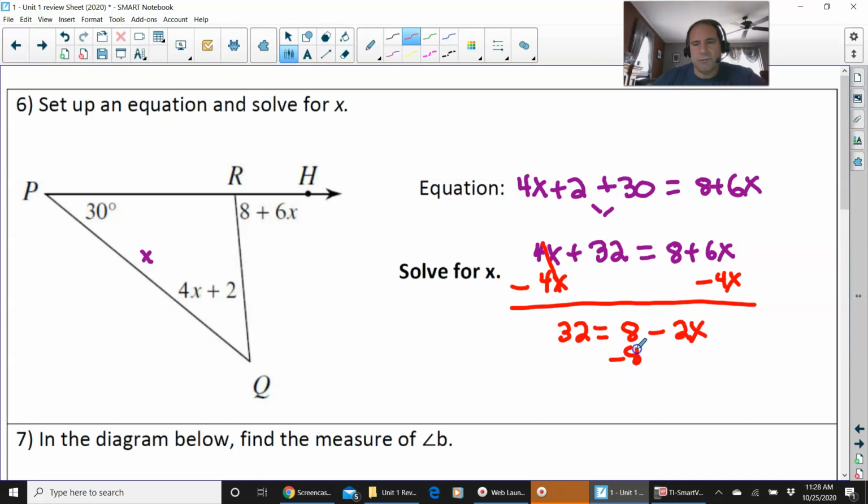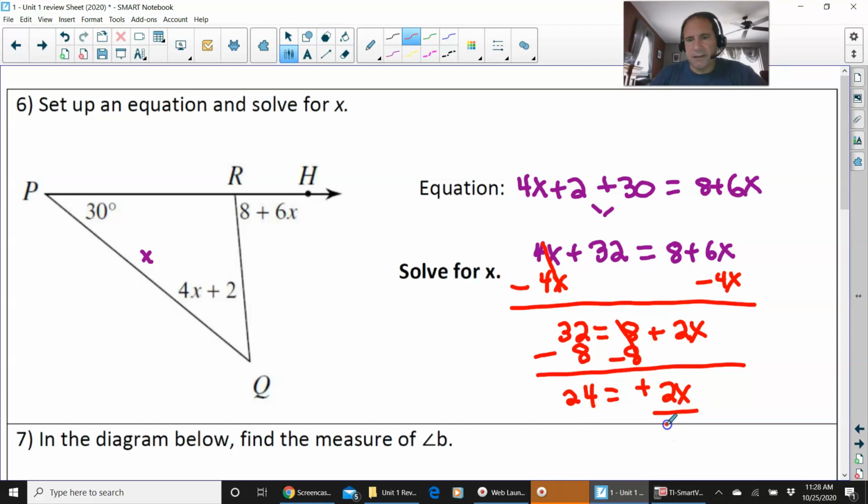You minus 8 on both sides. This cancels. And 32 minus 8 is 24, equals 2x. And then you divide by 2. X equals 12. I'm going to put that over here.